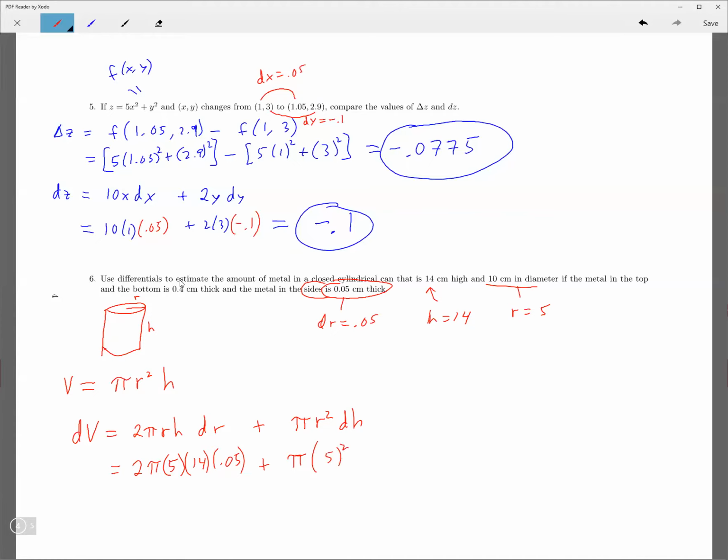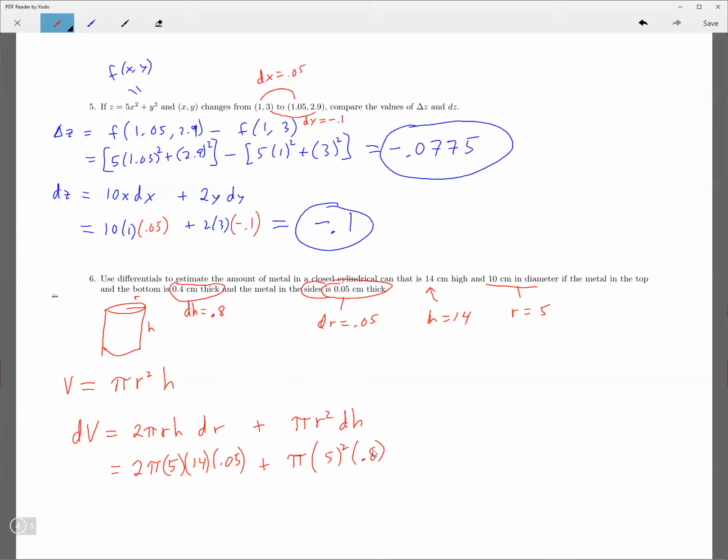Okay, now here, the top and the bottom are 0.4 centimeters thick, right? But there's a top and a bottom. So dh is going to be 0.8. Does that make sense as 0.8?